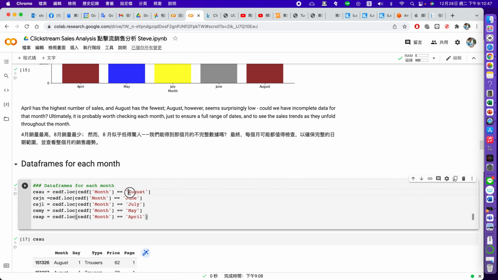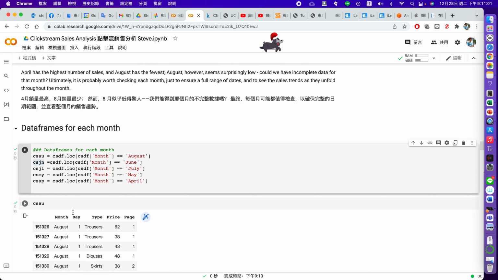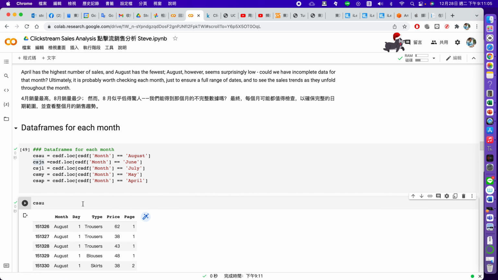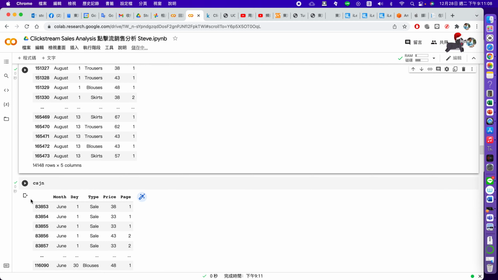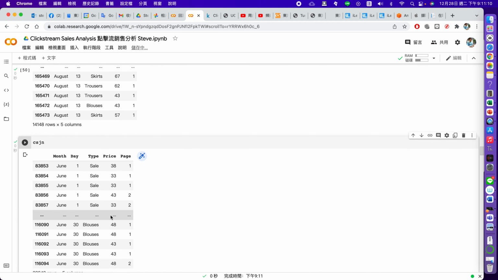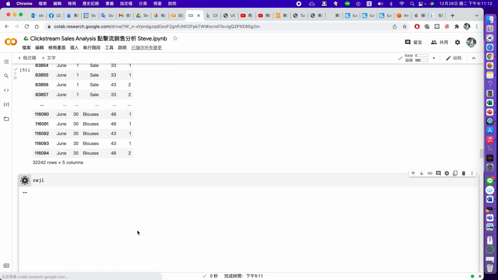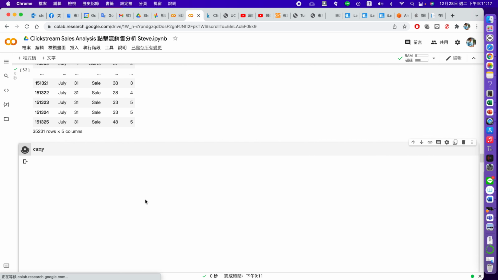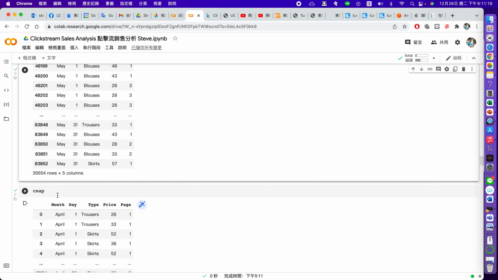And we name August as CSAU, June as CSJN. So you can get these 5 values. So you can see the value for each month. This for August, for June, for July, for May, for April.